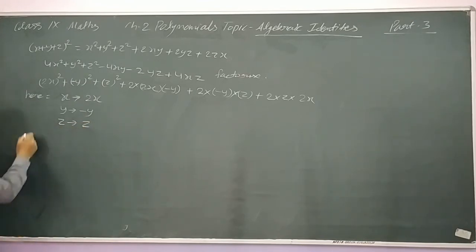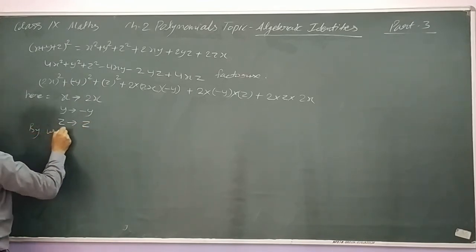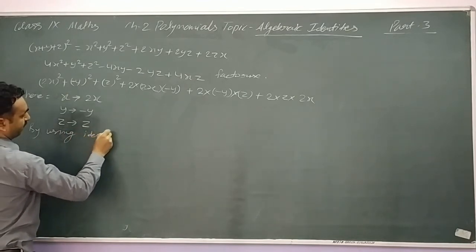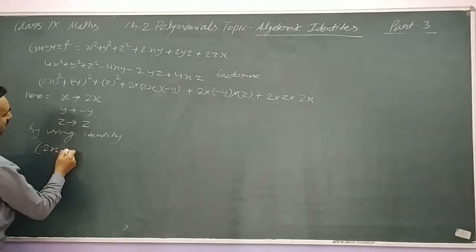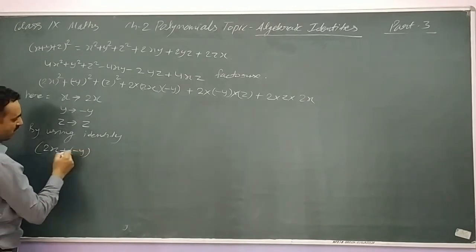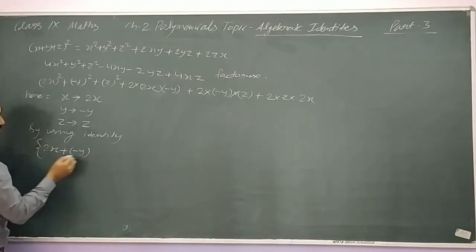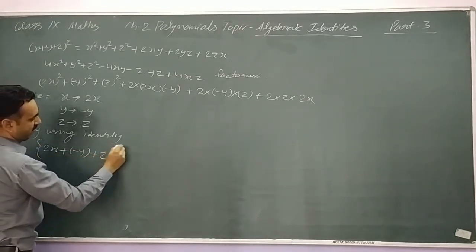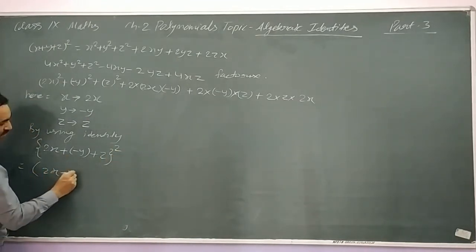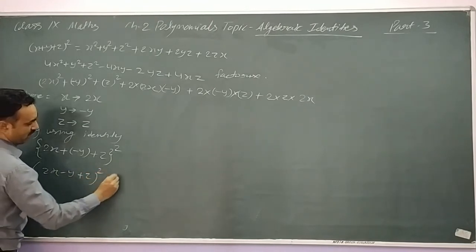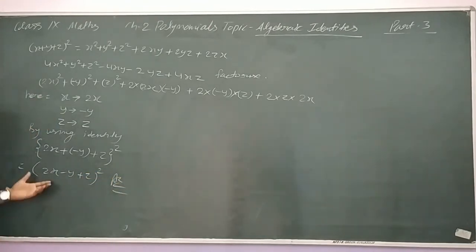So we use the identity, and we write it in x plus y plus z form. So x is 2x, plus y is minus y, plus z is z. We simplify this: (2x minus y plus z) whole square. So this is the factor form.